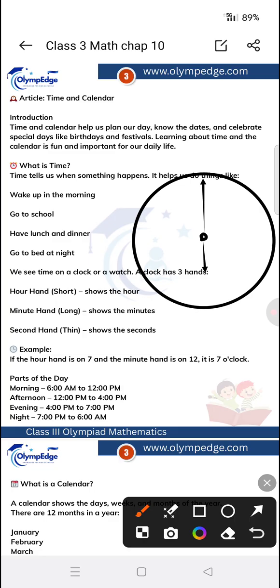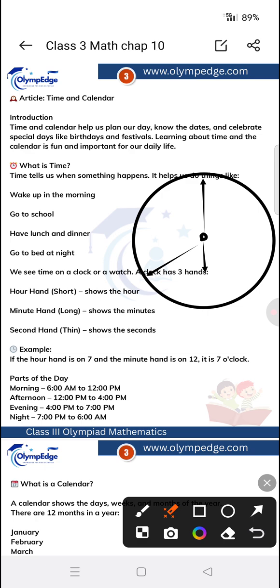So here you see the hour hand, which shows the hours, it is the short hand, and the minute hand, which is the longer hand, and it shows the minutes, right? And we also have the thinnest hand, which shows the seconds, and it moves the fastest, right? I cannot draw a thin hand here. Anyways, it is a very thin hand, and it goes the fastest, which is called the second hand, and it shows the seconds, right?